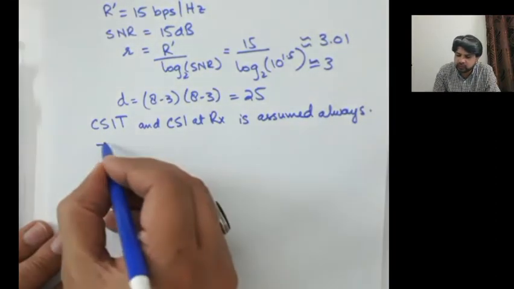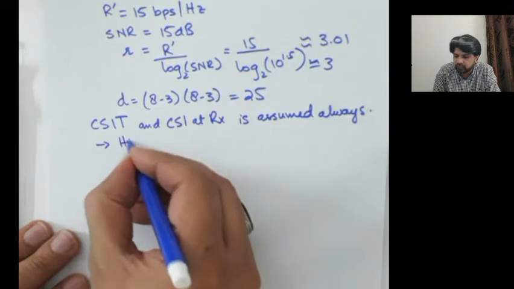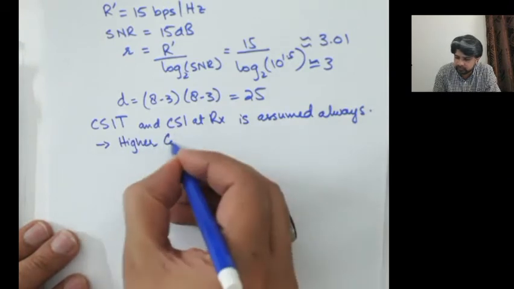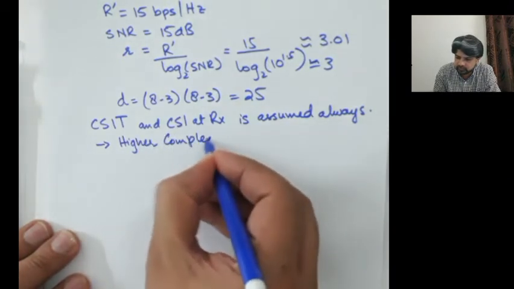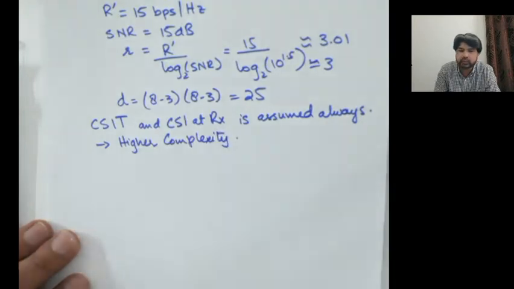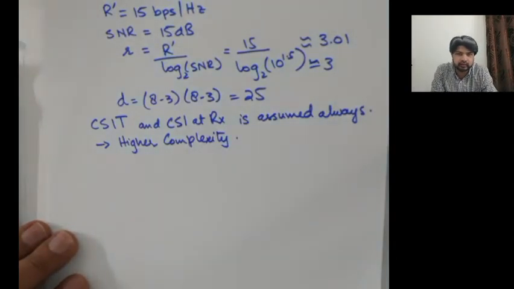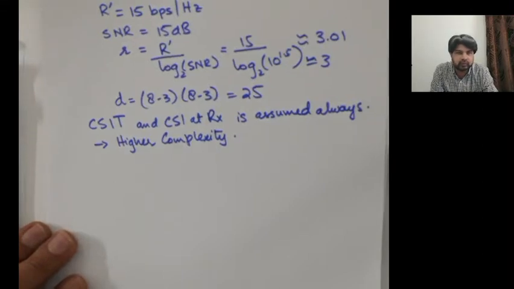So you can have the channel side information at both the transmitting end and the receiving end. That would mean you would have higher complexity. You need to estimate the channel at the receiving end and then feed it back to the transmitting end so that the transmitter side also has the channel side information.